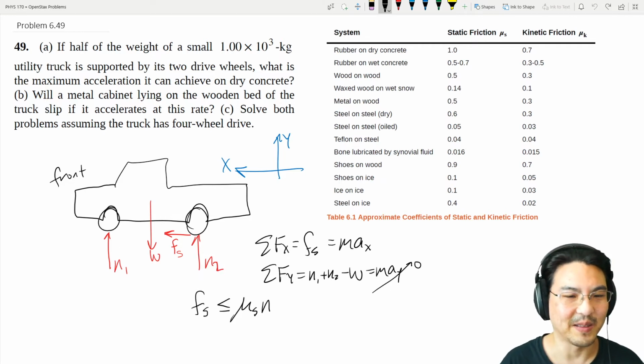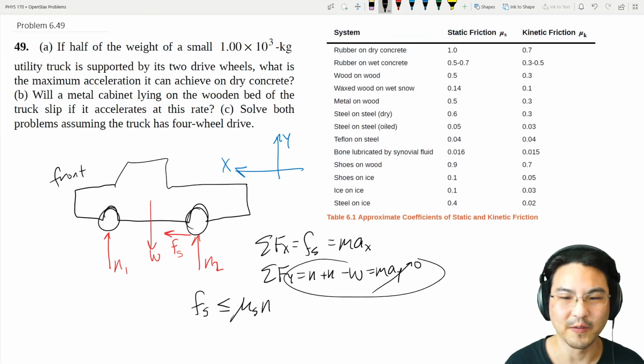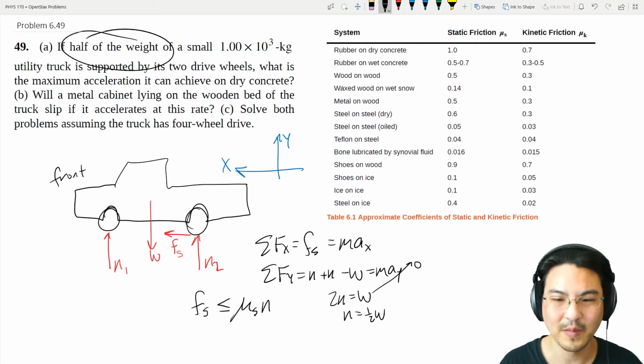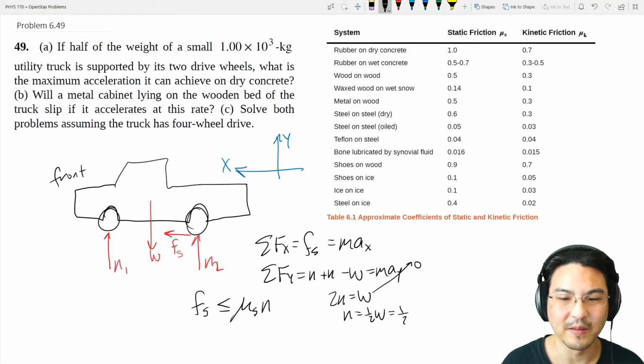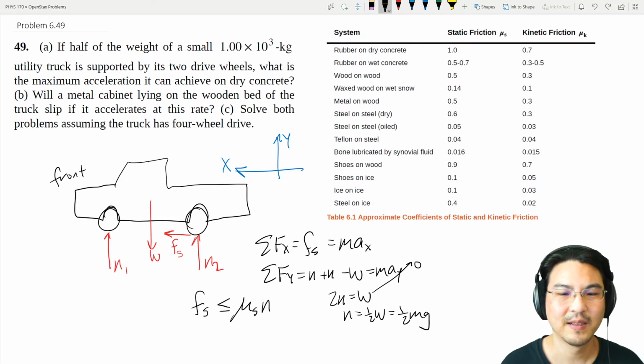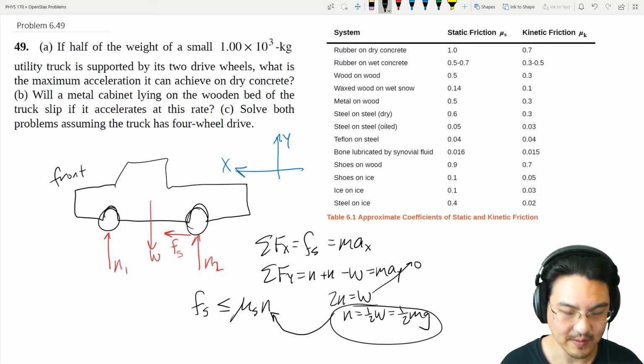I'll just say that those are the same magnitude, so N1 and N2 are the same magnitude. I'll just call it N. From this equation right here, 2N equals W, so N equals 1/2 of the weight, which is what it said right here. And then mg, and we know the mass right here. And this normal force goes right here.